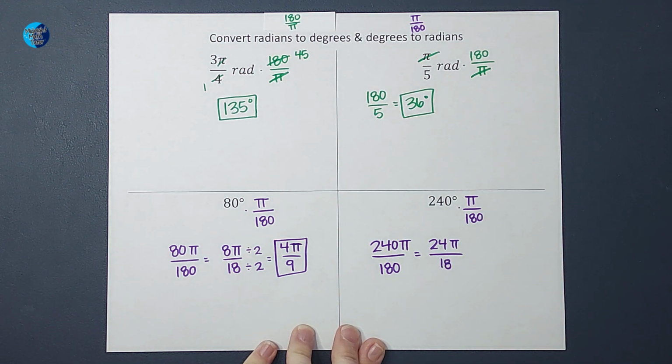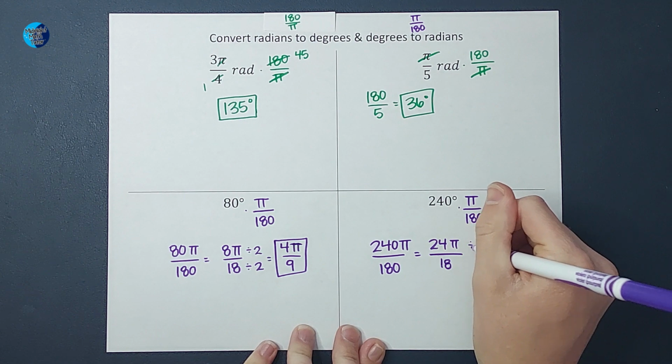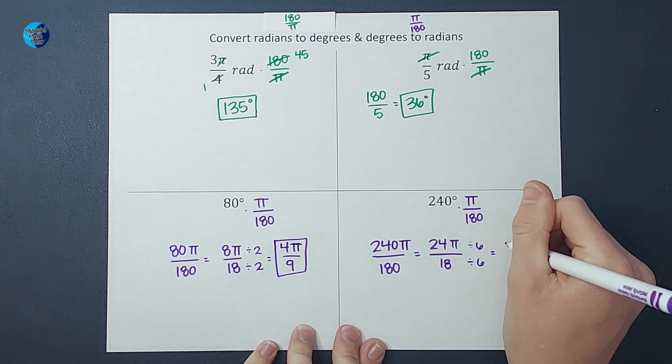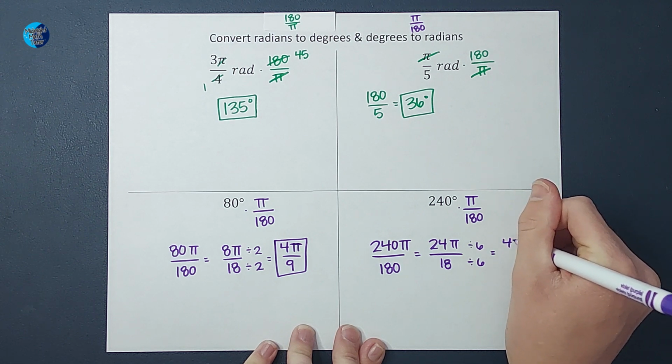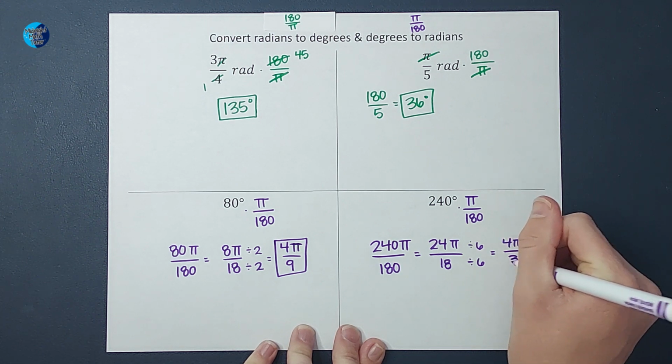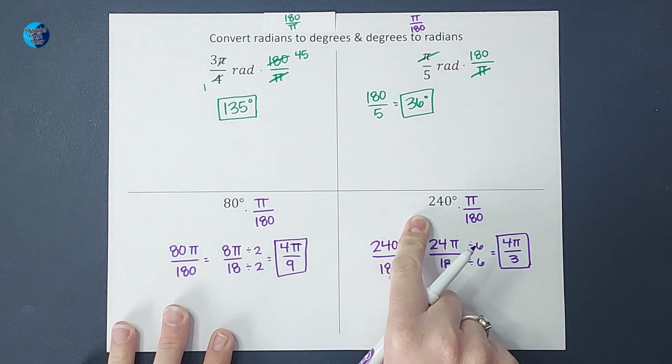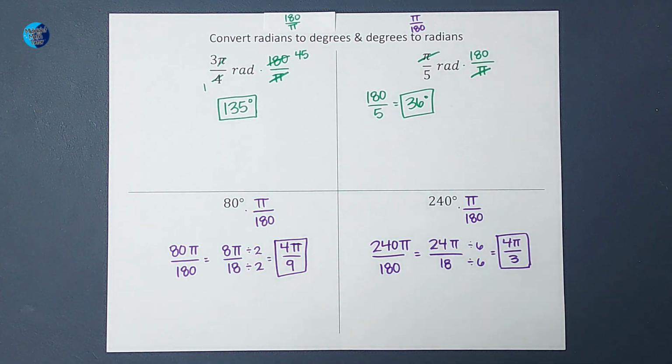And then I notice 6 goes into both of those, so I would divide the top and the bottom by 6 and end up with 4 pi on top and 3 on the bottom. So 240 degrees is the same as 4 pi thirds radians.